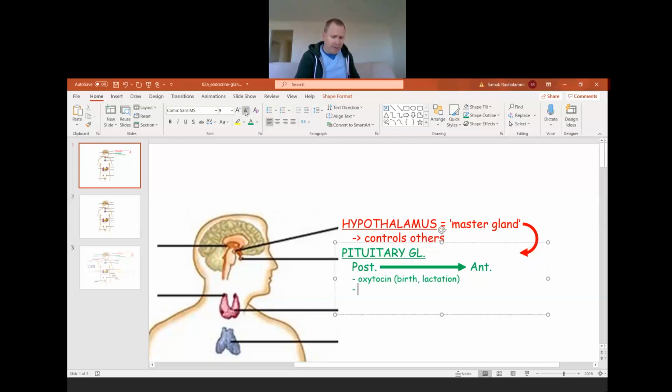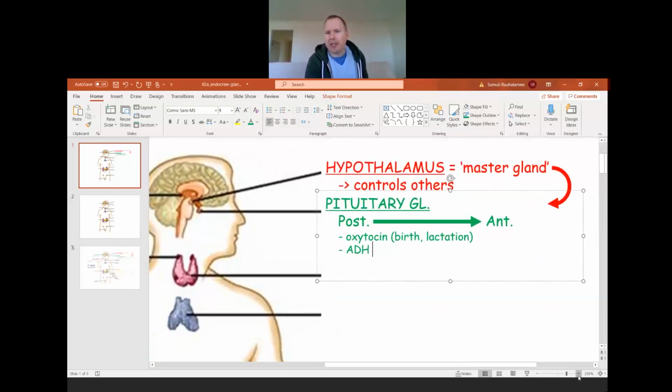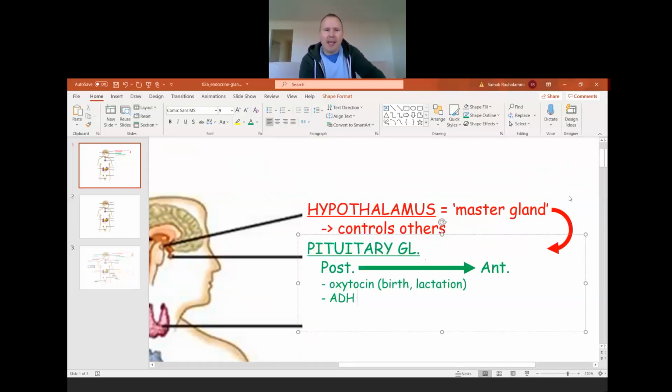Another hormone secreted from the posterior pituitary is going to be ADH. And ADH stands for anti-diuretic hormone. I'm just trying to zoom in closer in case that might look too small for you guys. I really do try to follow the chat, but that always just disappears from the view when I do something here. So ADH, as the name proposes, is anti-diuretic hormone.